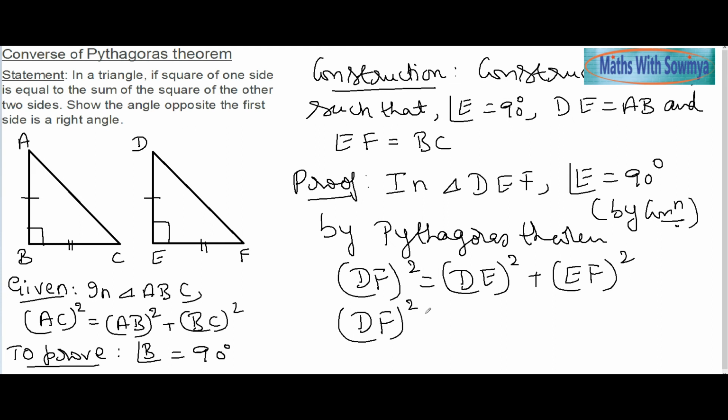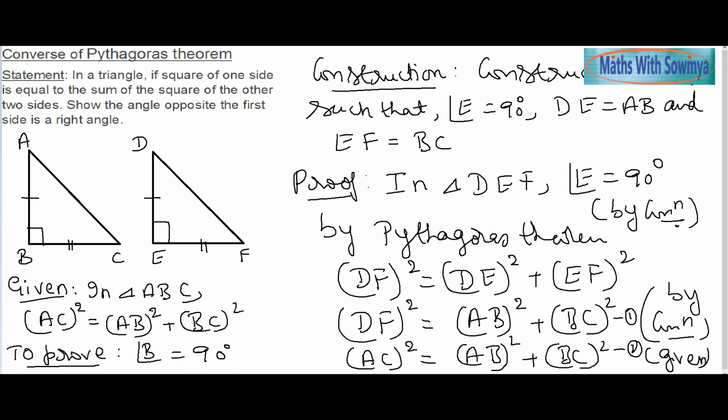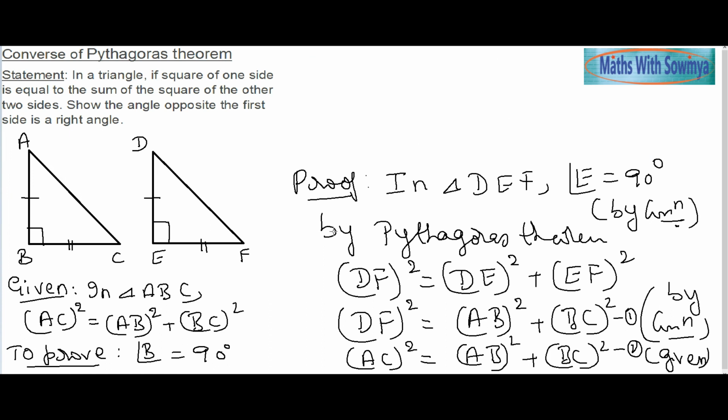So, in place of DE, I can put AB square and here BC square by construction. But what is given? AC square is equal to AB square plus BC square. This is given to me. Suppose I call these 1 and 2, from 1 and 2 DF square and AC square will come equal.